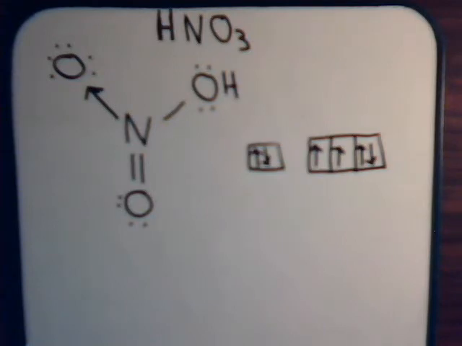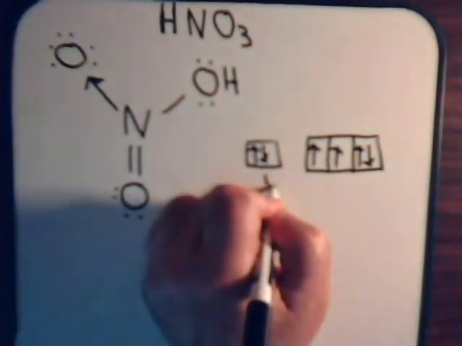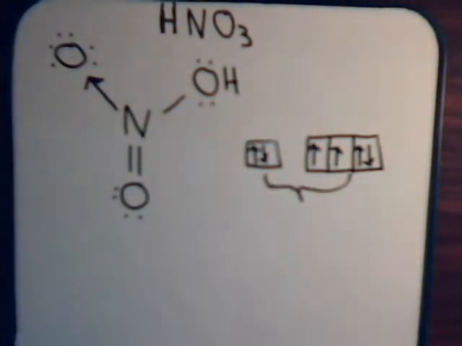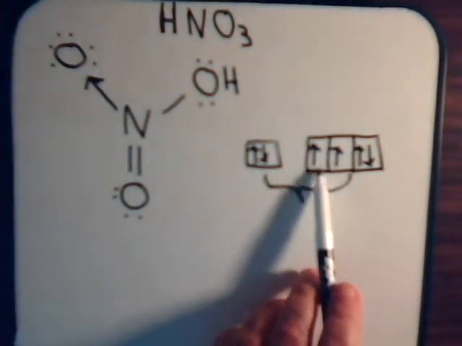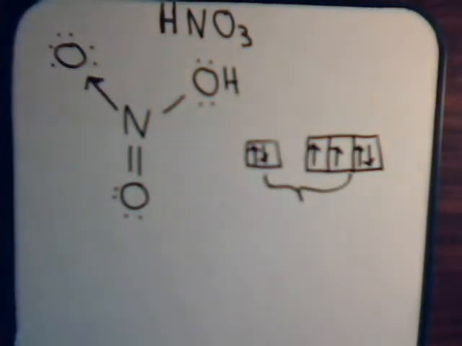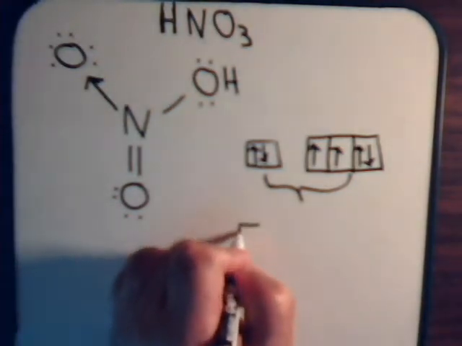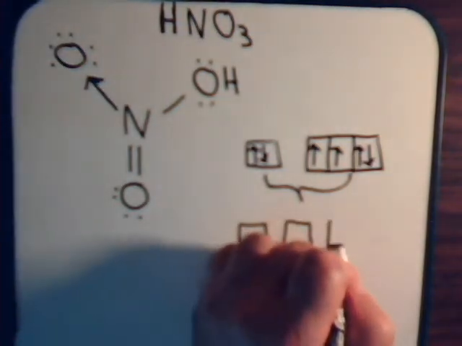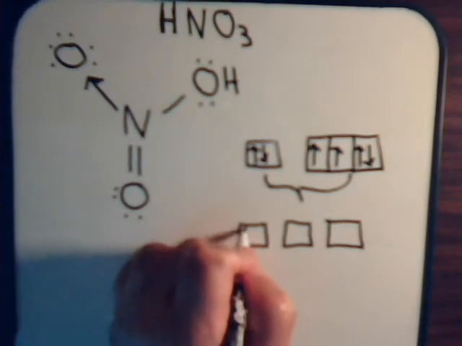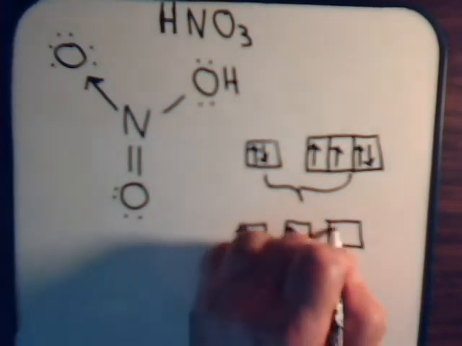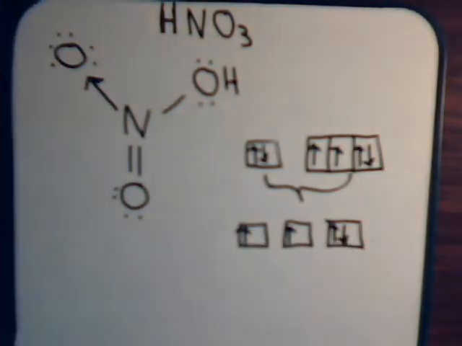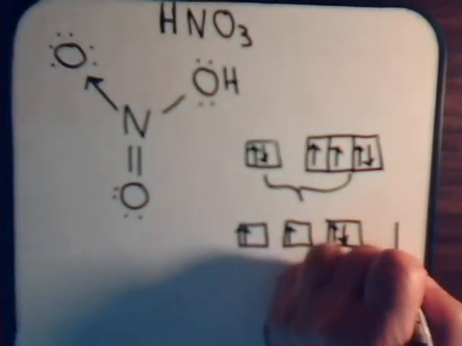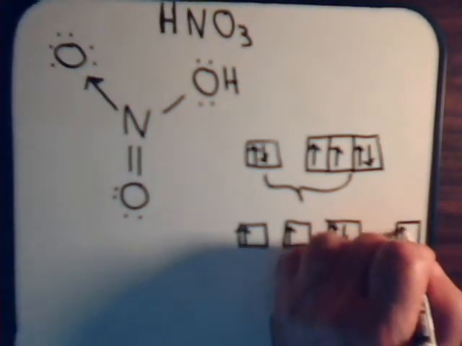And we imagine, again, taking one s orbital and combining it with two of the p orbitals, and the p orbitals that we're going to use have a single electron in them. Again, we form three equivalent sp2 molecular orbitals, and an unhybridized p orbital is left over, and it has a lone pair of electrons.